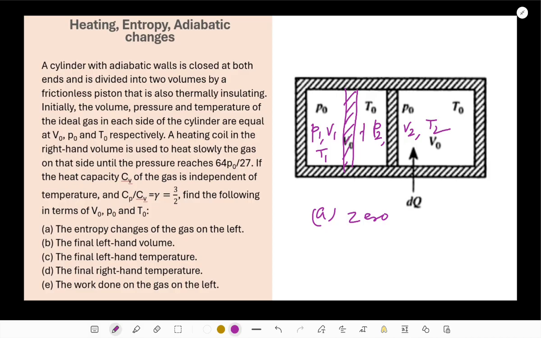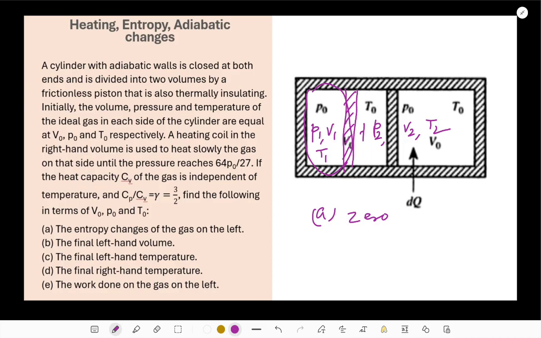This left hand side is completely thermally insulated. No heat can enter. That means its compression must be adiabatic. It is compressed, so its compression must be adiabatic.